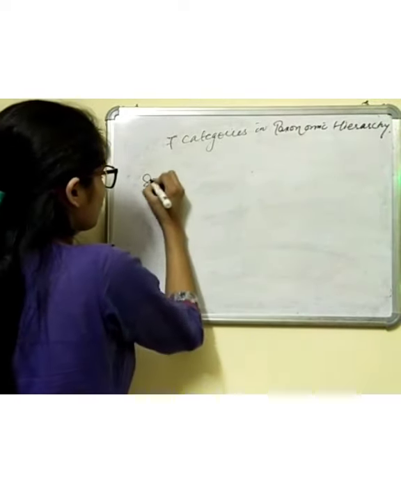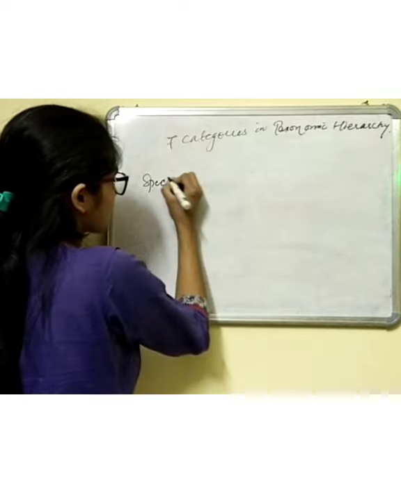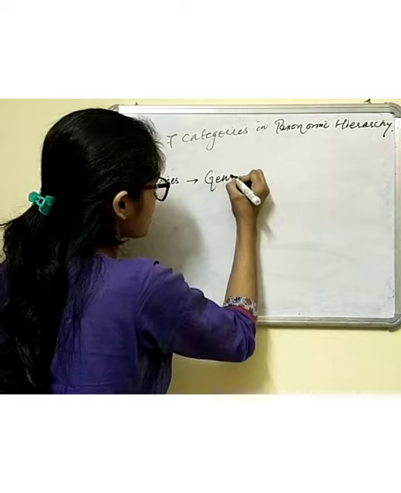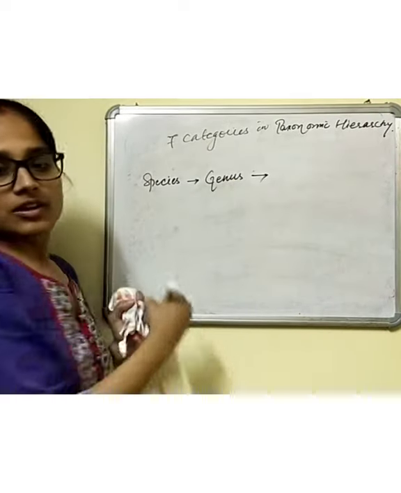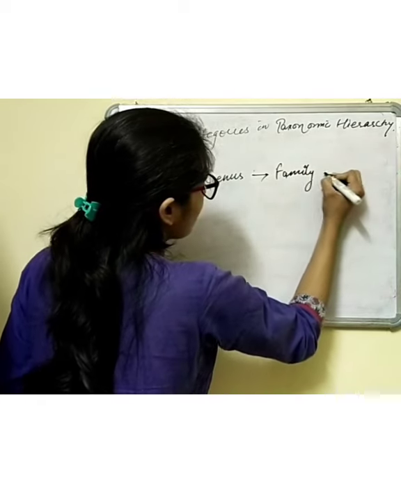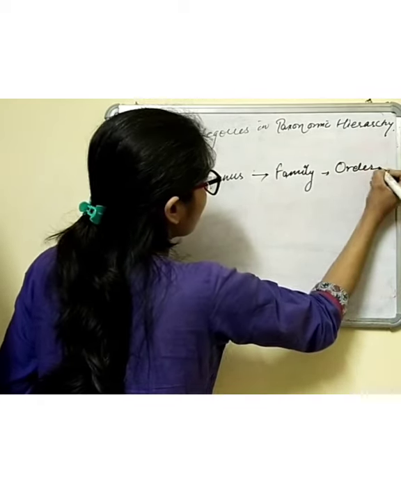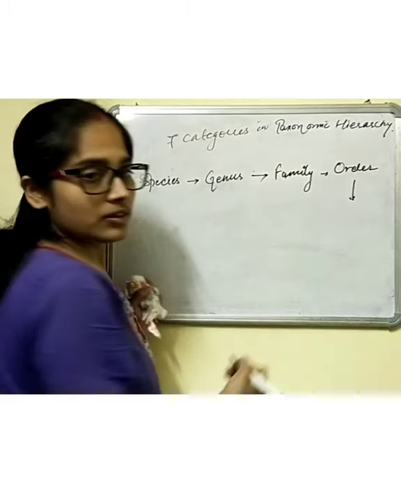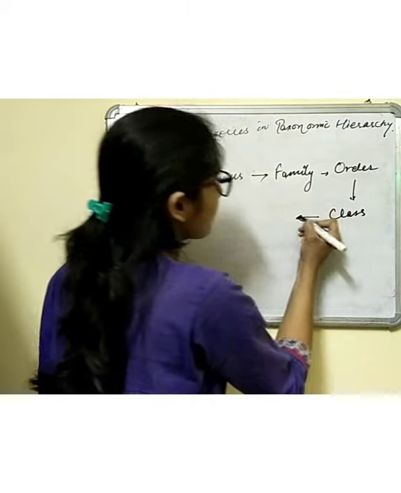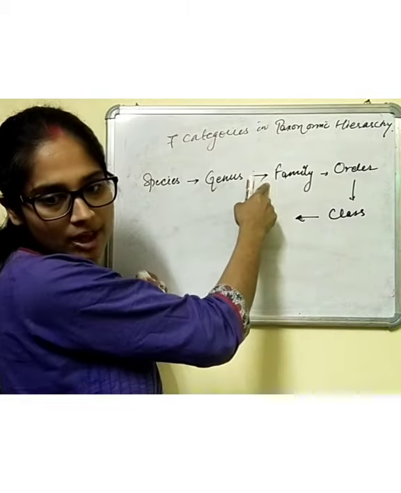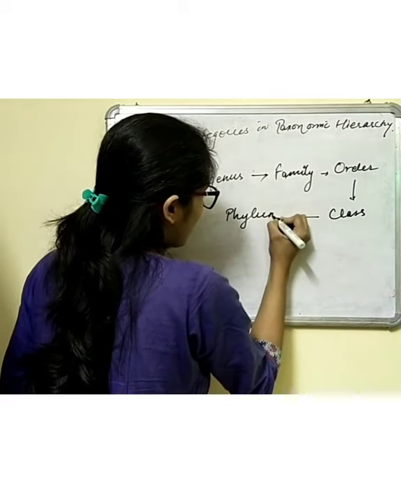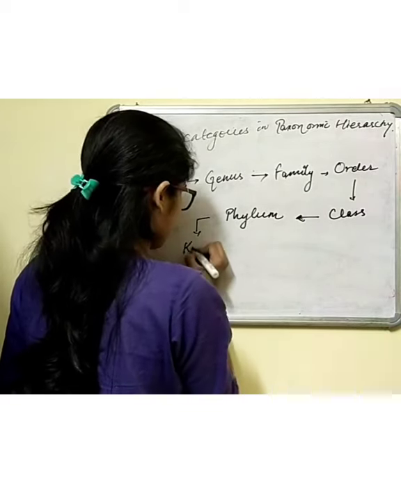The lowest is the species, then the next level is genus, then family, then order, next is class, then phylum, and the highest is kingdom.